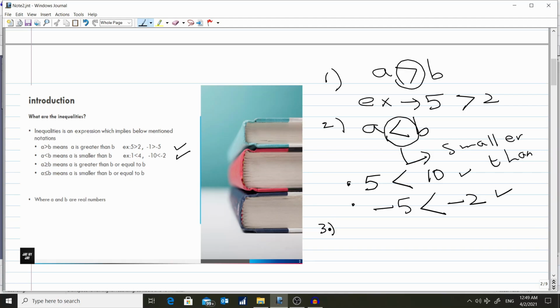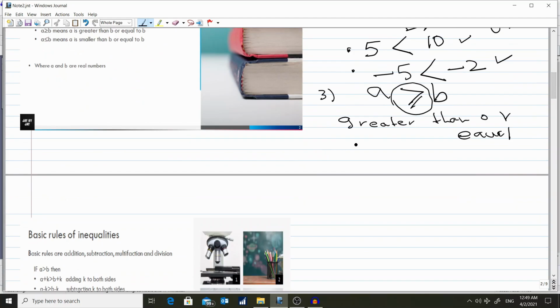It's mentioned as a ≥ b. This we can call greater than or equal to. So we can say a is greater than or equal to b.